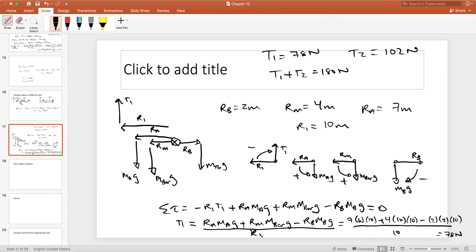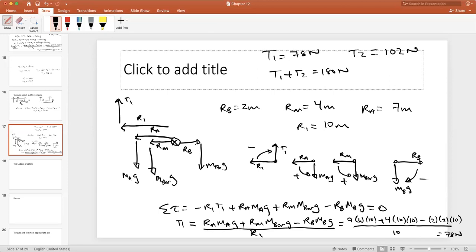So if that helps you, great. There's no really big advantage from doing it here, from changing the axis of rotation to anywhere special. But it works. It gave us the same answer that it gave us before.